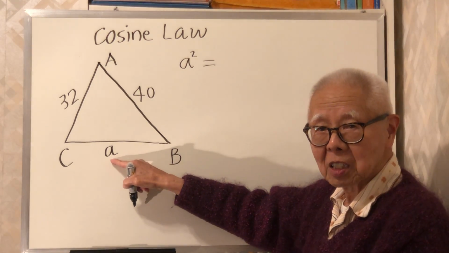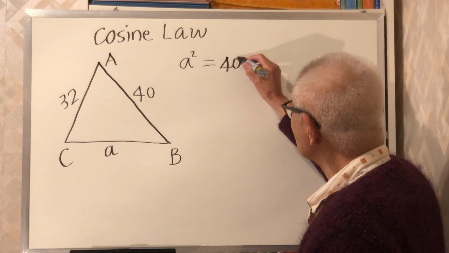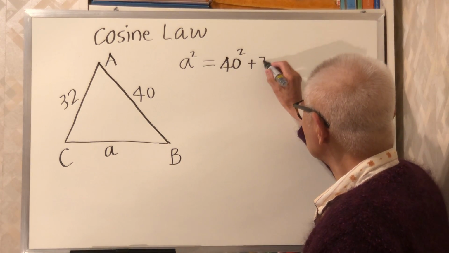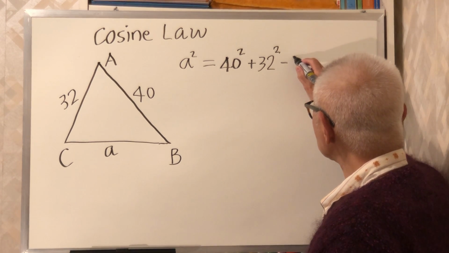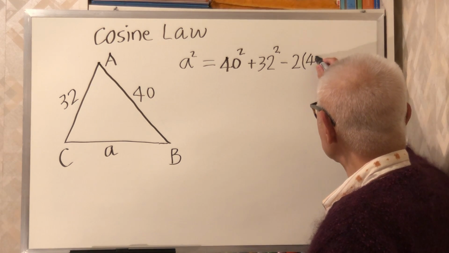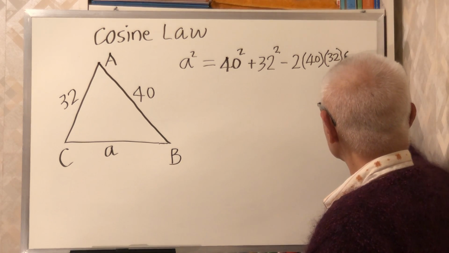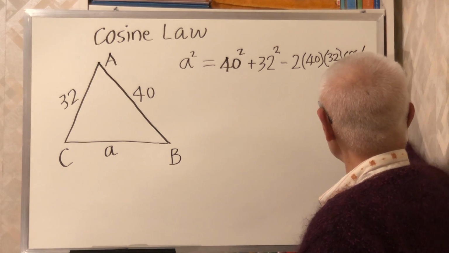A squared equals 40 squared plus 32 squared minus 2 times 40 times 32 times cosine angle A.